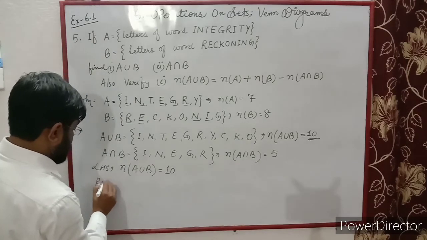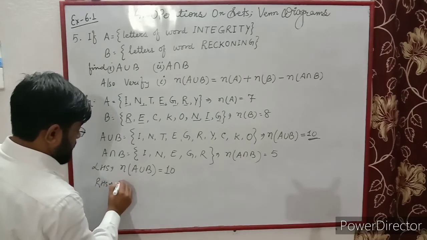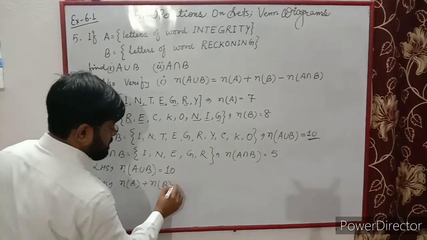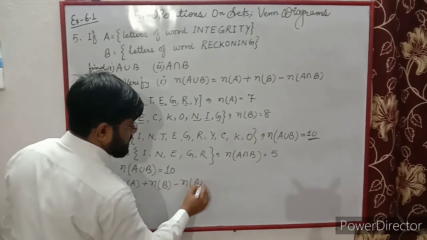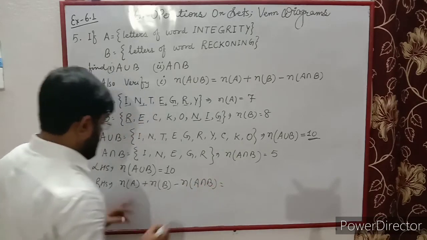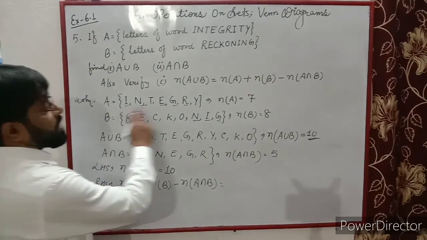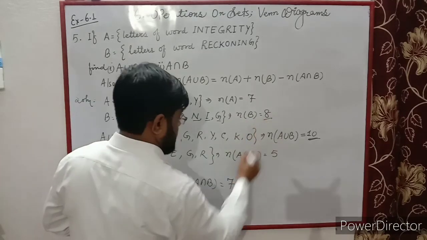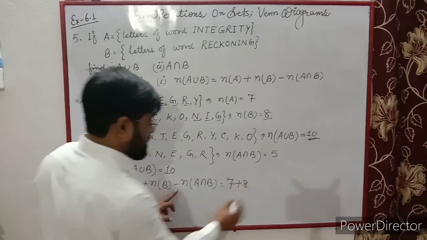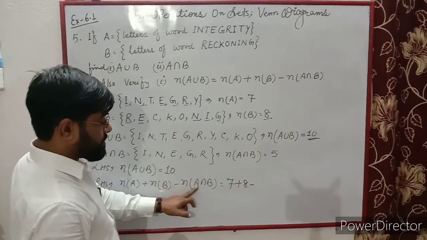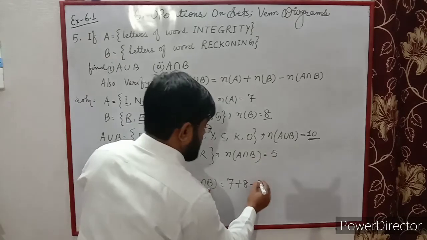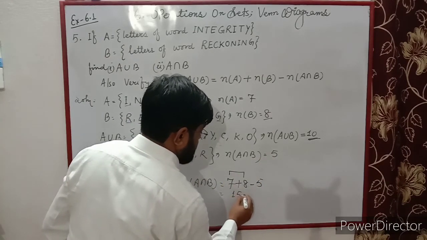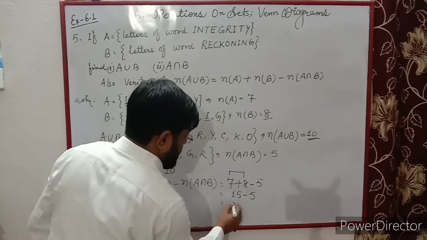Now the right hand side: the cardinal number of set A is 7, plus the cardinal number of set B, 8, minus the cardinal number of A intersection B, which is 5. Now 7 plus 8 is 15, minus 5, so we have 10.